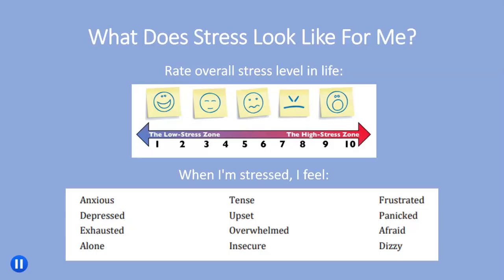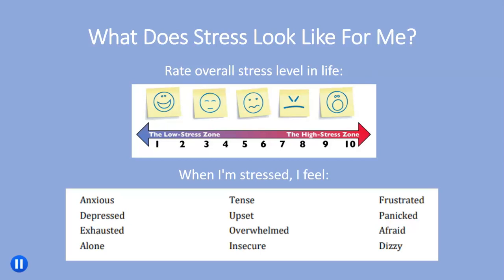It's important to understand how stress impacts you personally. Let's take a minute to think about your life. Overall, do you feel like your life is a low stress at a 1? Or do you feel like it's so overwhelmingly stressful it's a 10? Maybe you fall somewhere in the middle. If we can't identify our level of stress, how can we even attempt to manage it?